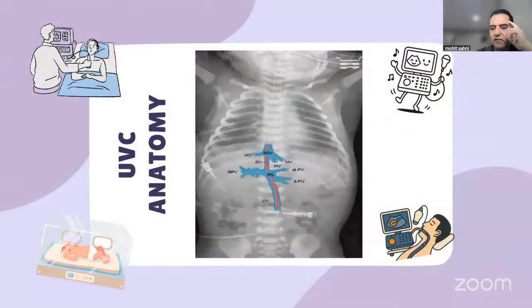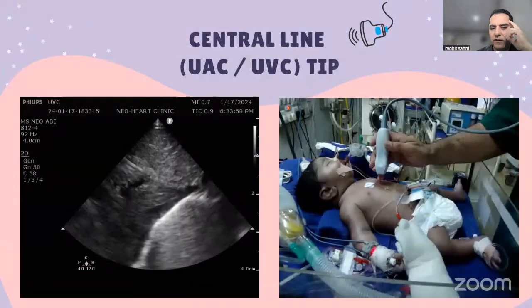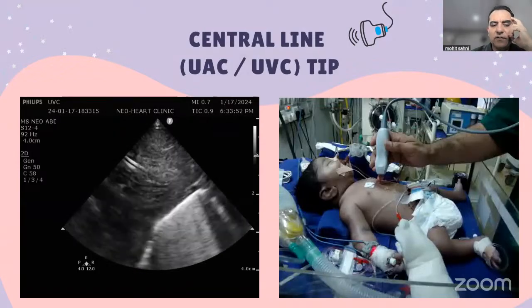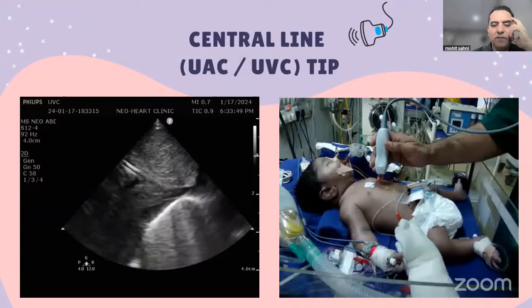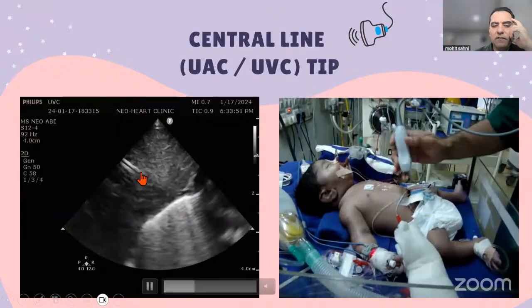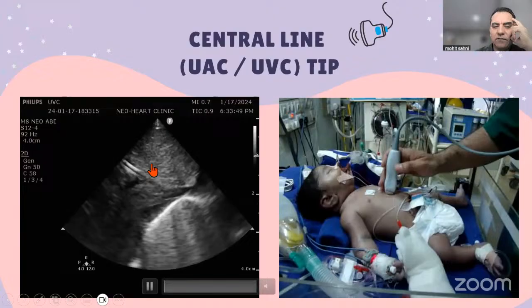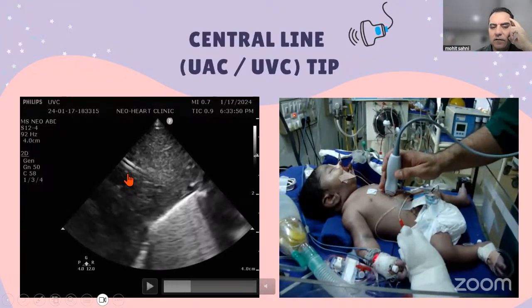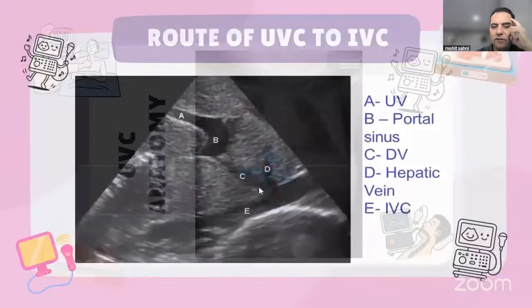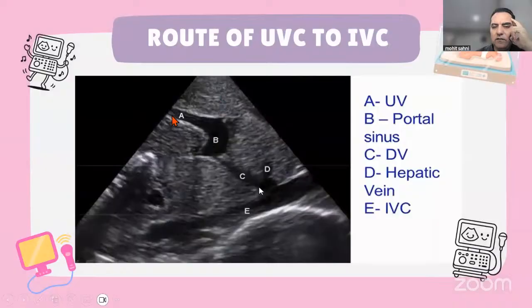We have just discussed the anatomy, so we should know the anatomy. If your UVC is here, you can see in this video, your UVC tip is up here. It is ending somewhere in the portal sinus. This anatomy I showed you, this portal sinus, that thing is coming and ending here.